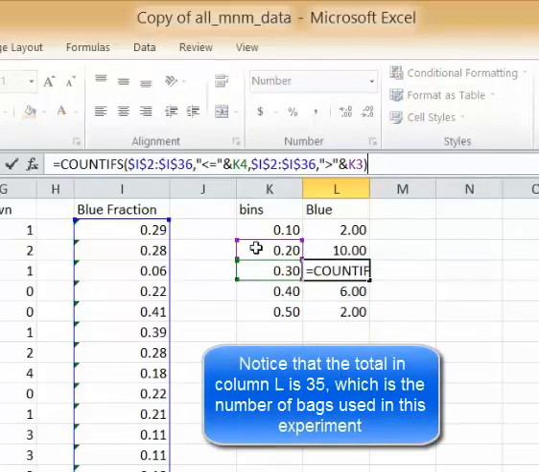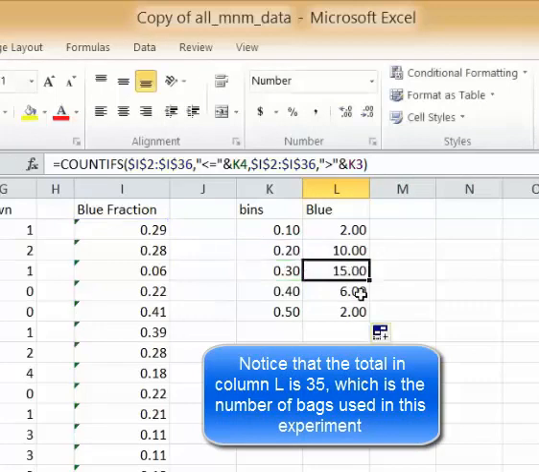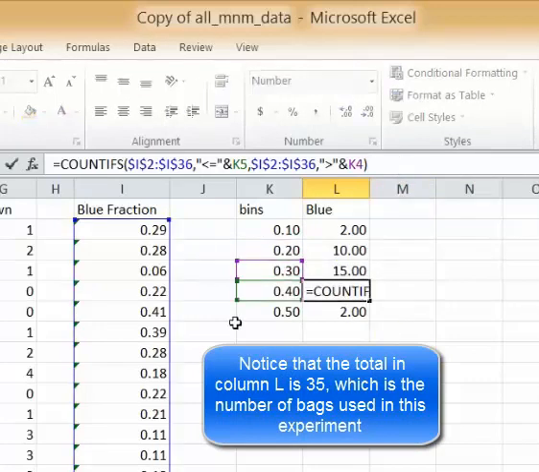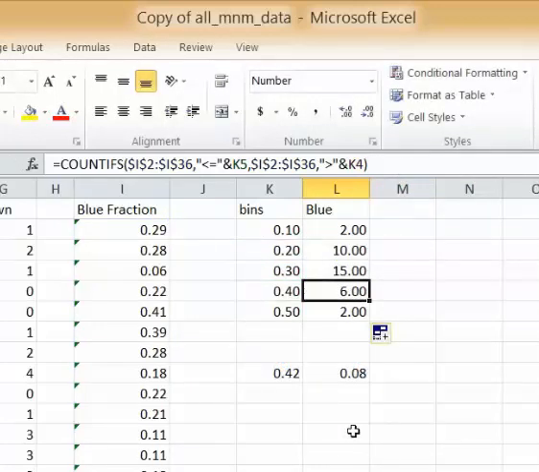We check. That makes sense. Good. So we've got the right equation. So we see that 2 bags had a fraction of blue candies 10% or less. 10 bags had a fraction of candies between 10 and 20%. 15 were between 20 and 30, so on and so forth.